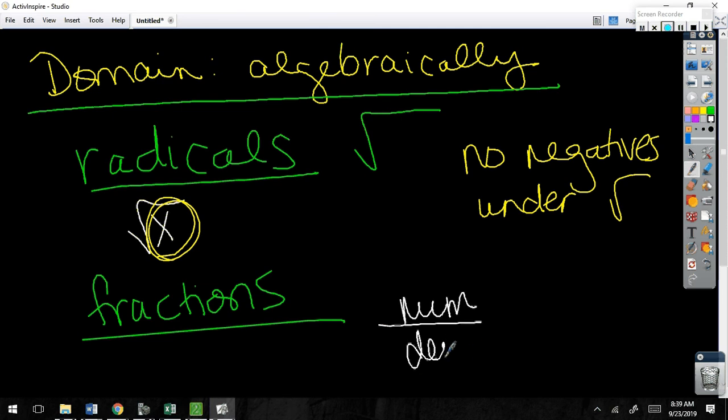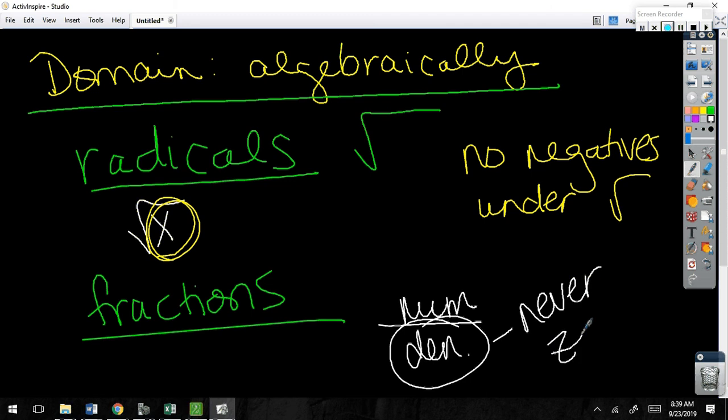This is the numerator, this is the denominator. What's true? Yes, good job, Jerome. It can never be 0. So we're going to have to leave that out of our domain, okay?